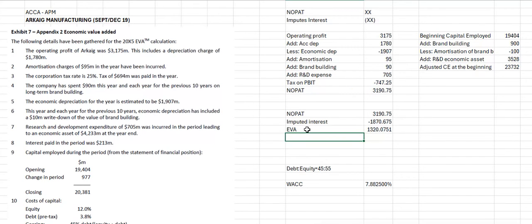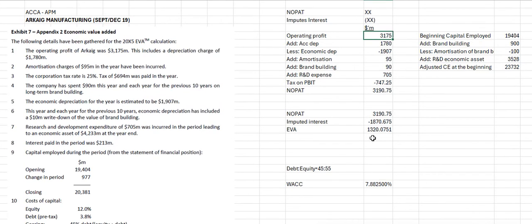This is already in millions. We are doing in dollar millions. So approximately $1.32 billion value creation the company has given to its investors. Right? Economic value given.